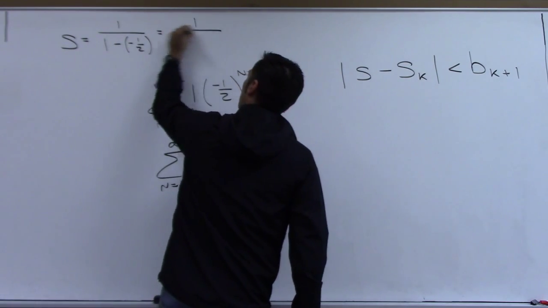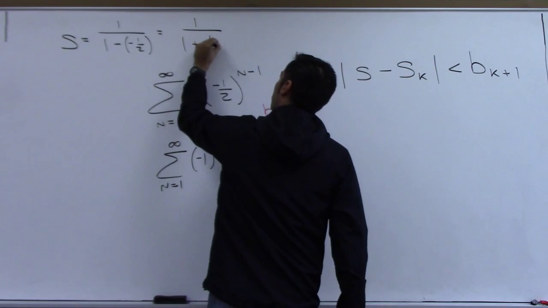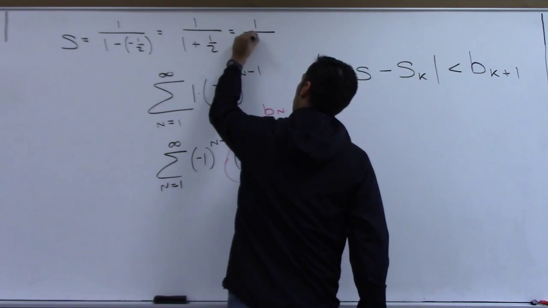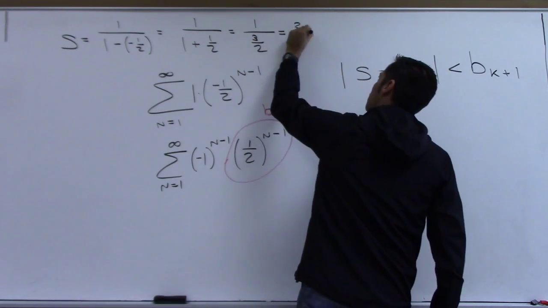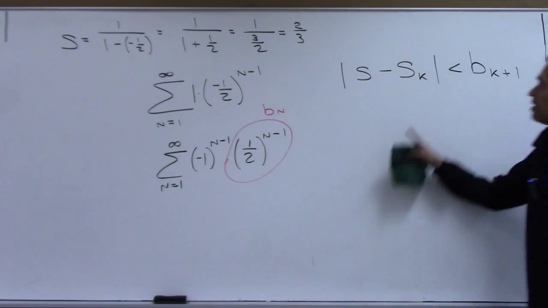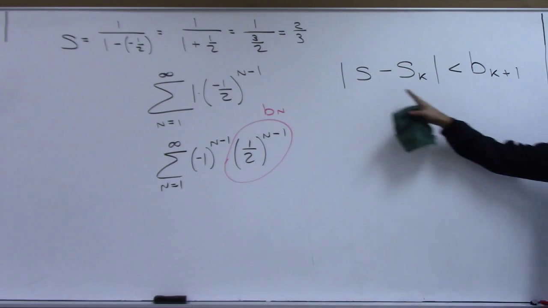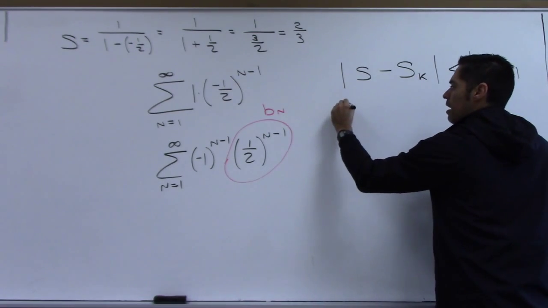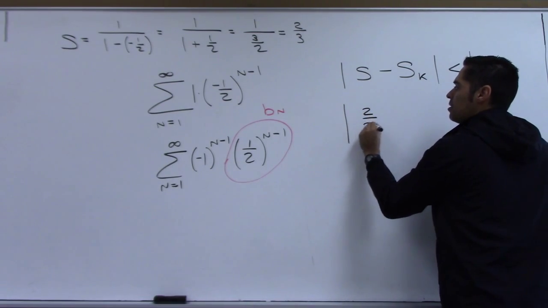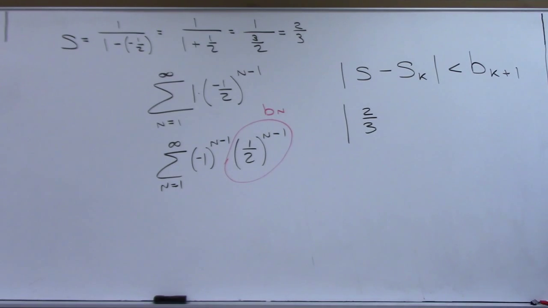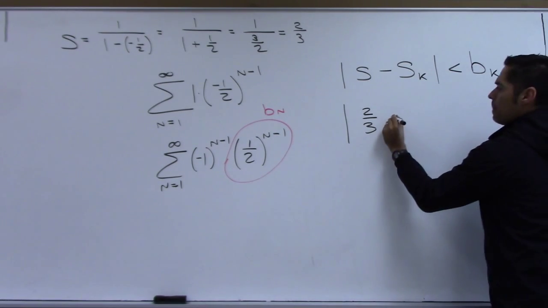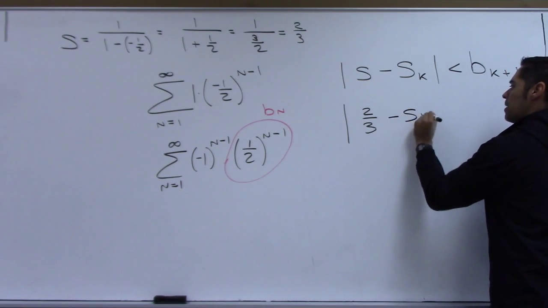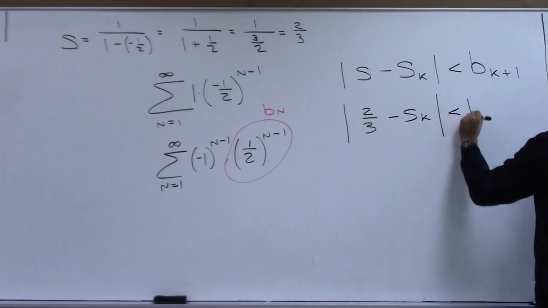So this is 1 over 1 plus 1/2, which is 1 over 3/2, which is 2/3. So according to the estimation theorem, we already know what this adds up to be. A lot of times you won't know this, okay? But just to show you how it works, we know that this is 2/3, right? What I know is that the difference between that and S sub k should be less than B sub k plus 1.